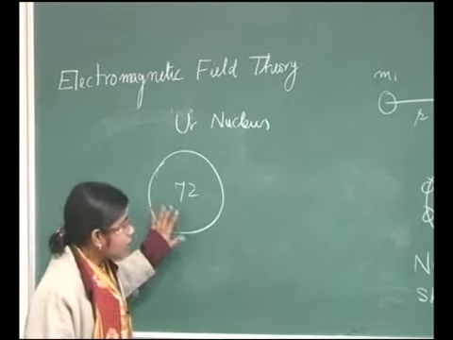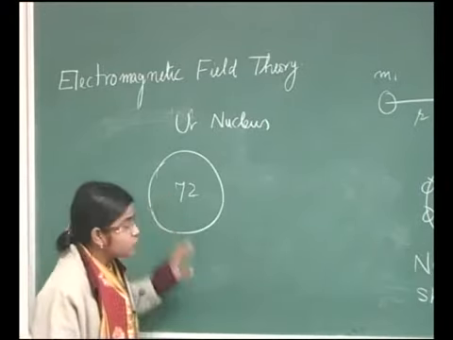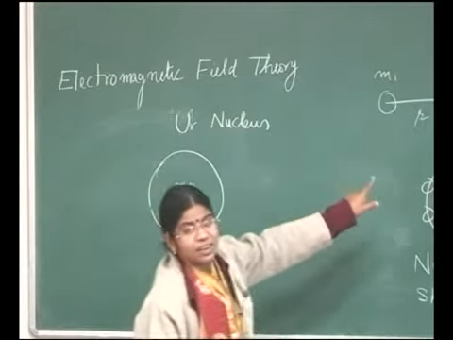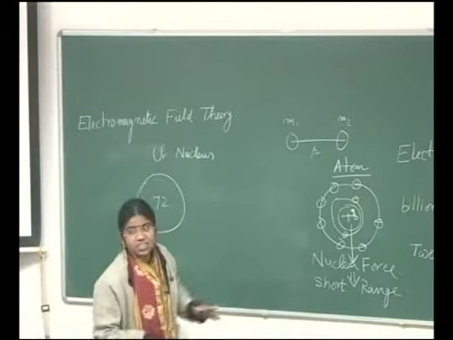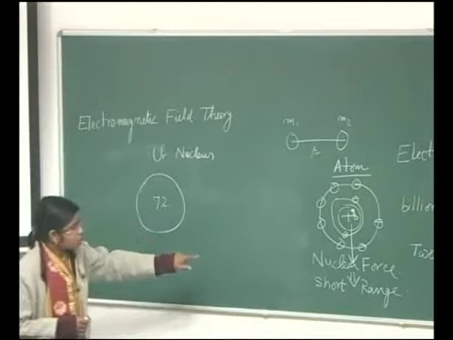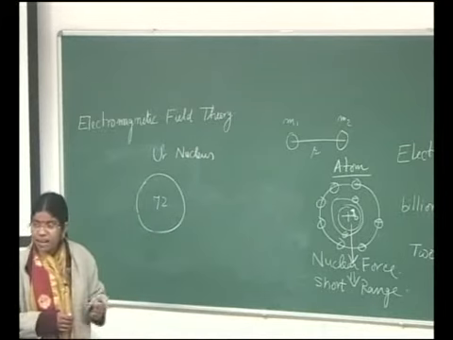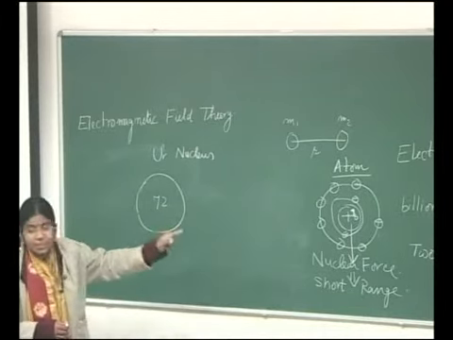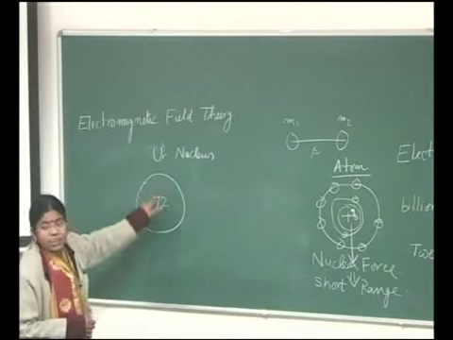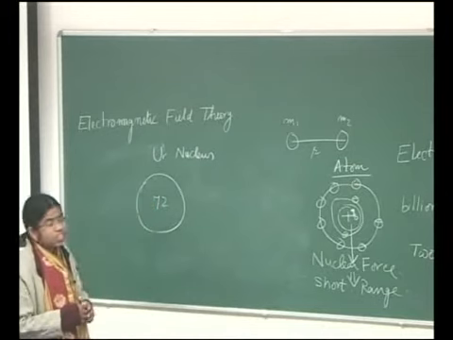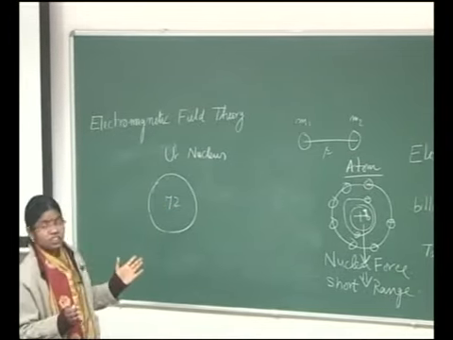So actually it is not the nuclear energy that is released when a uranium atom breaks, it is the electrical energy that is released, because these short range nuclear forces decay very fast, and it is the electrical repulsive force between the 72 protons which breaks the uranium nucleus into two parts.